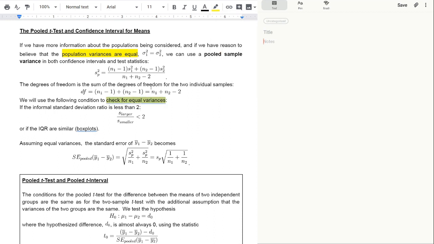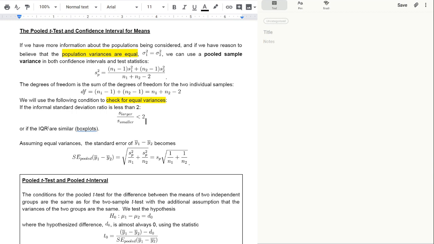If the ratio is larger than 2, then we cannot assume that we have equal variances, and we should be using the two-sample t-test or the two-sample t-interval for the comparisons. But if the ratio is smaller than 2, then we should proceed with a pooled t-interval or a pooled t-test.